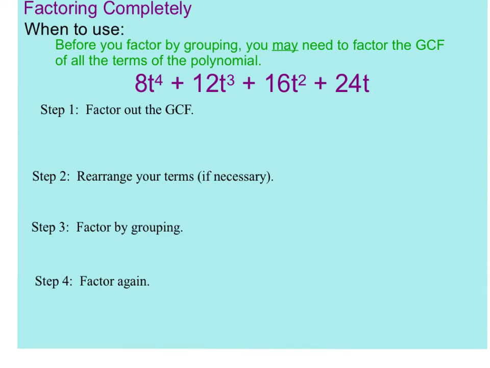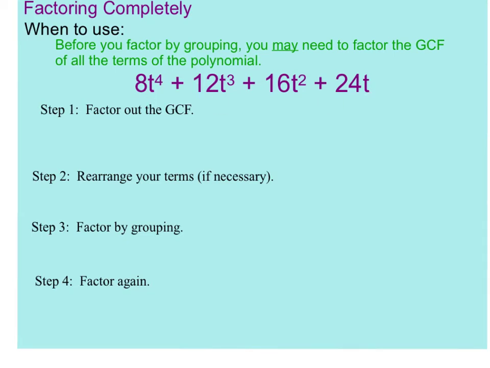Just like in our last video, in this video too, I'm going to remind you that before you start, you should ask yourself, can I divide each term by the same number or variable? In other words, could I factor something out? And if I look, they all have a t in them.